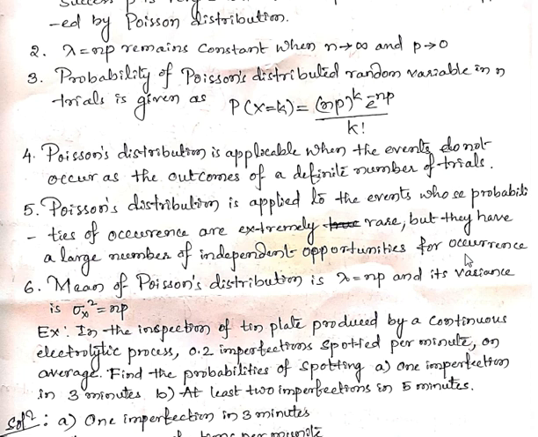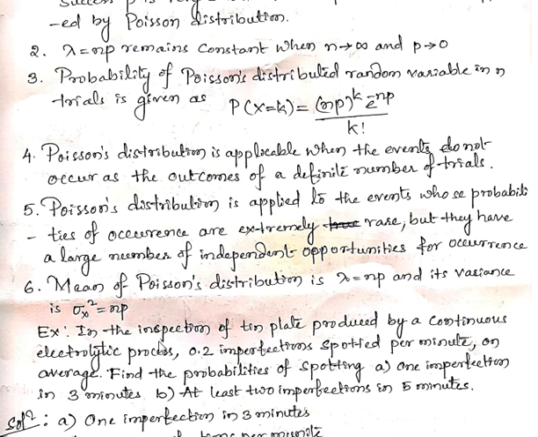The Poisson distribution is applicable to events whose probabilities of occurrence are extremely rare, meaning the probability would be very small, but they have a large number of independent opportunities for occurrence. And the mean of Poisson's distribution is lambda, and its variance is also lambda.